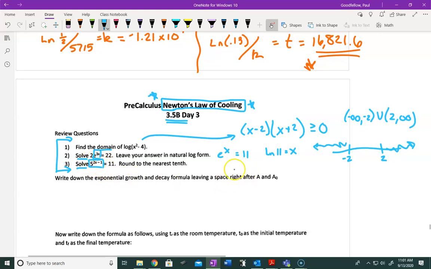It's already isolated. So you'd solve this one with a regular log, and that'd be log base 5 of 11 is equal to 2x minus 1. And again, you could use the change of base formula to figure out what log base 5 of 11 is, add your 1 and divide by 2.